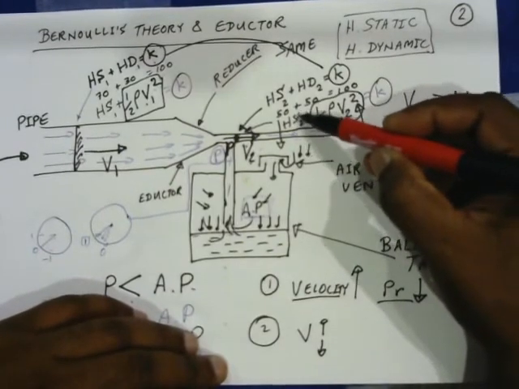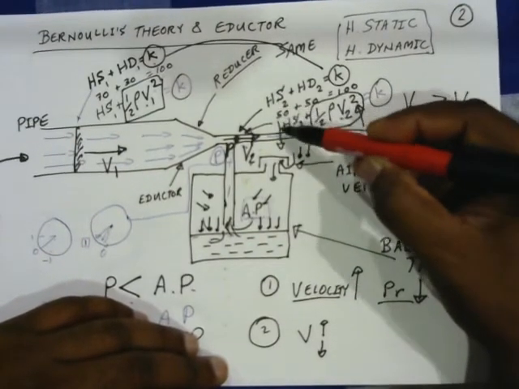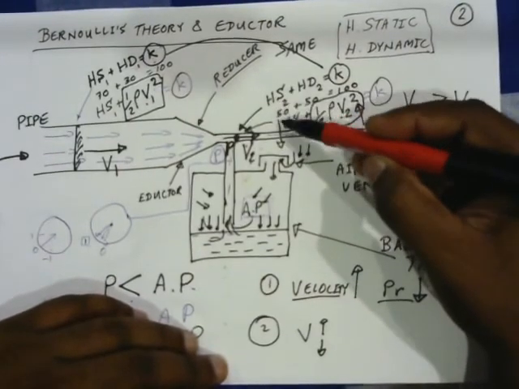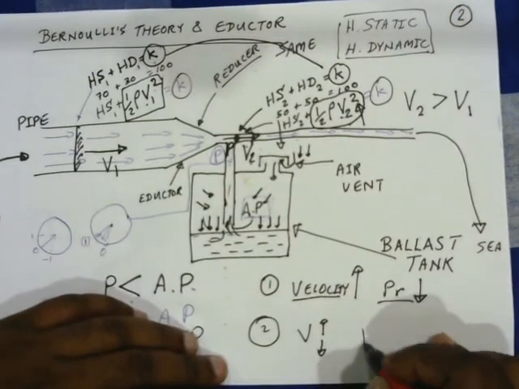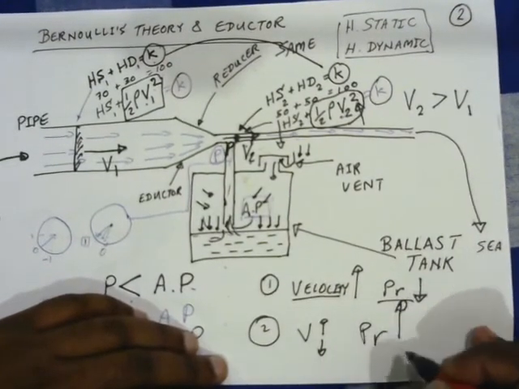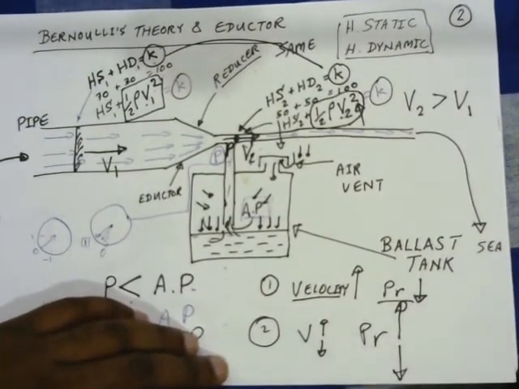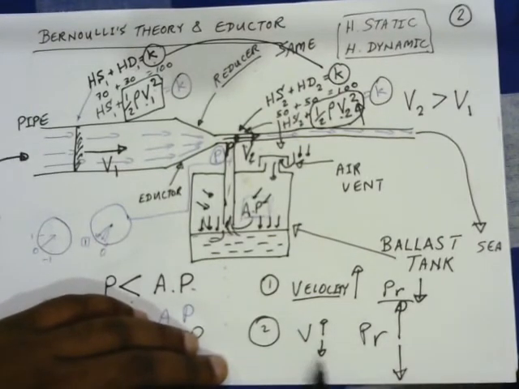That means the static pressure drops or increases by a large amount. So you change the velocity by a small amount, but the pressure will go up and down by a large amount. This is the other conclusion.